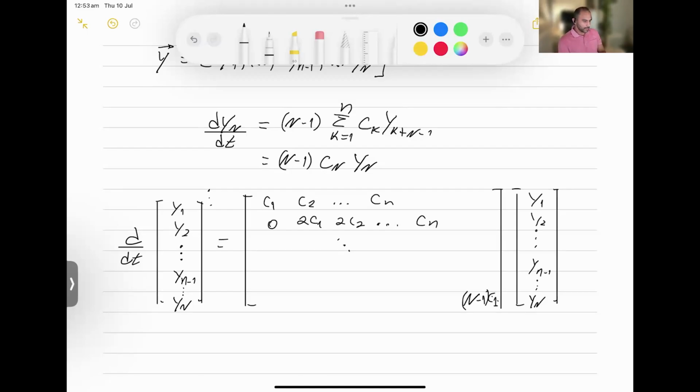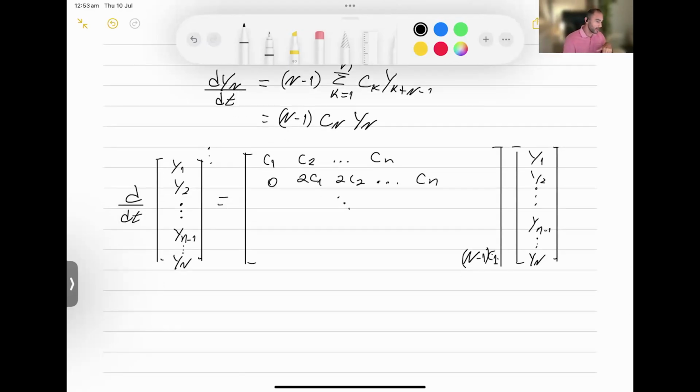And then you see that now we can solve one by one, right? We start from the capital N here, the last element, and we solve one by one until we get the component that we are interested in, because at the end of the day, we are interested in the component y1.